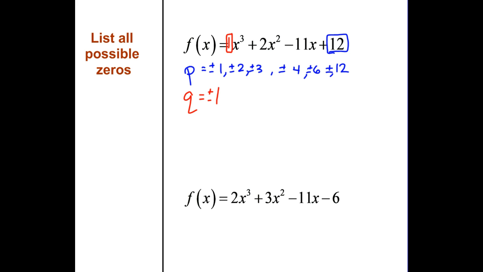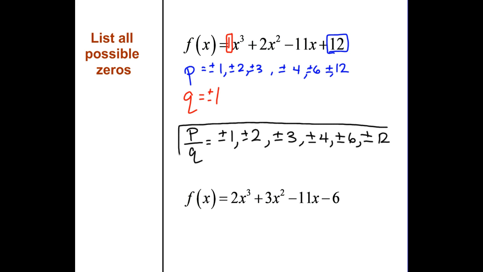So now we have to look at our possible p's over q's. It can be positive or negative 1 over positive or negative 1, so it's really positive or negative 1. Positive or negative 2 over positive or negative 1 is really just positive or negative 2. Then positive or negative 3, 4, 6, and 12.